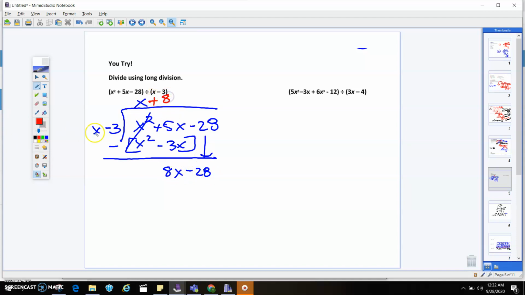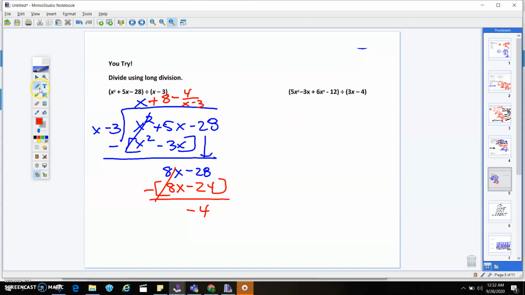That'll be 8. 8 times x will give me 8x. 8 times negative 3 will give me negative 24. I'm going to subtract them. So this will cancel out. Negative 28 minus negative 24 is going to give me negative 4. I can't repeat that process anymore, so I'm just going to write this guy, negative 4 over x minus 3, as my remainder.